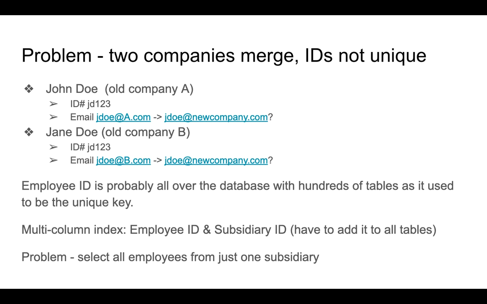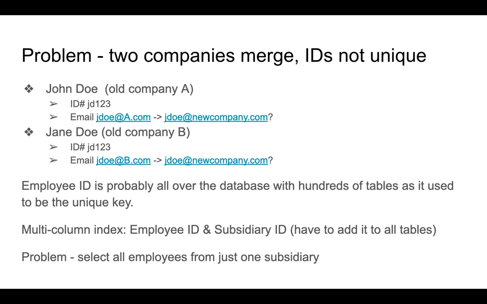One of the problems that you might come across, that I mentioned earlier, is two companies merge and your IDs are not unique. Say you have John Doe at the old company A and Jane Doe at the old company B. They both have the same ID number. They might have slightly different email addresses, jdoe@a.com or jdoe@b.com, but what do you do with the new company?